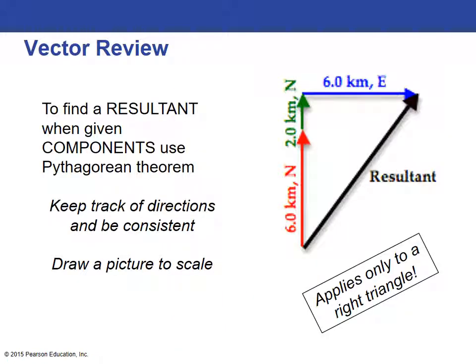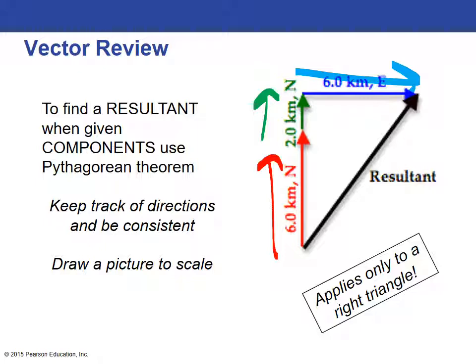When we are looking at vectors that are acting at a right angle, we can use that Pythagorean theorem. So let's say that I've got a case here that I have a displacement of 6 kilometers to the north, followed by 2 kilometers to the right, or 2 more kilometers to the north, and then 2 to the right, or 6 to the right. Gosh, I can't even read what's down here. All right.